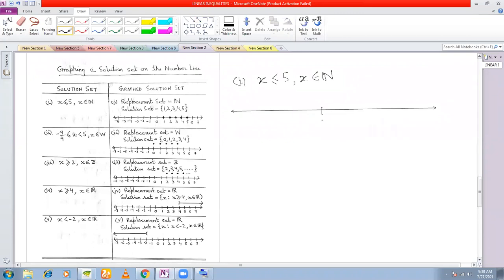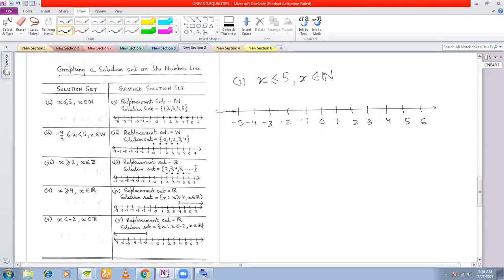You graph it as you do it: 0, -1, -2. So this is 1, 2. Let's write up till 6.